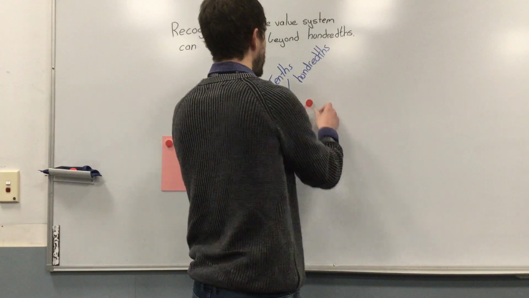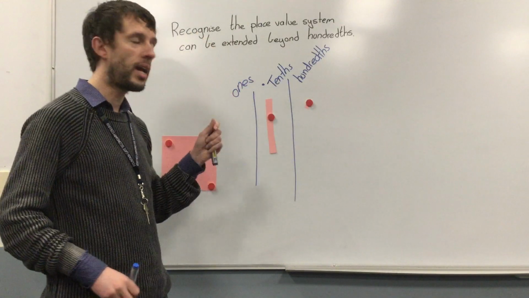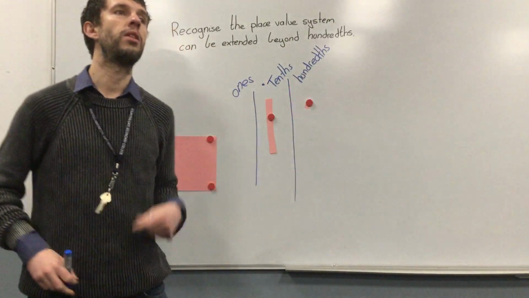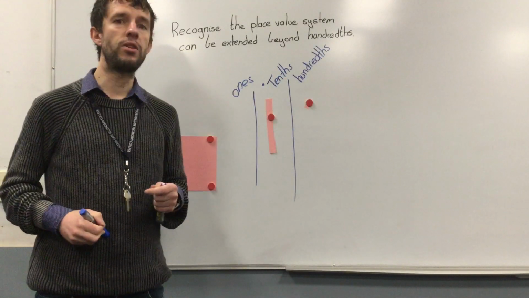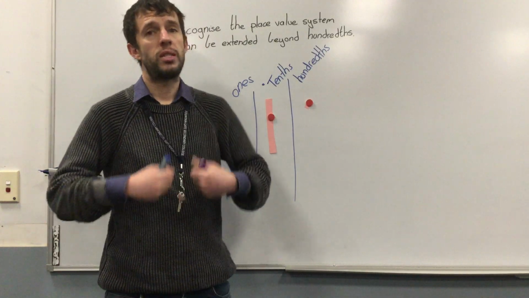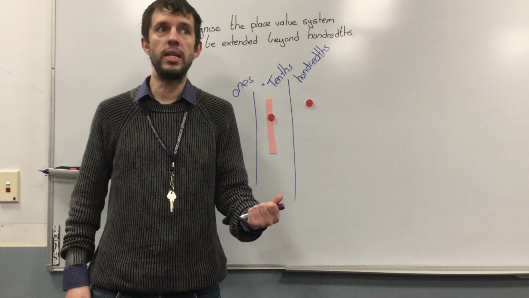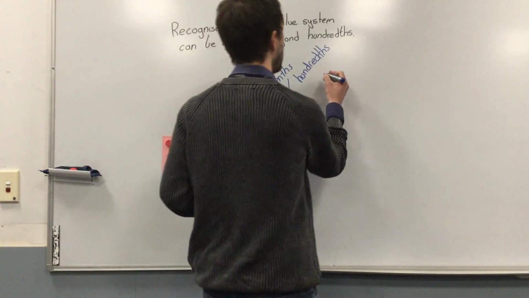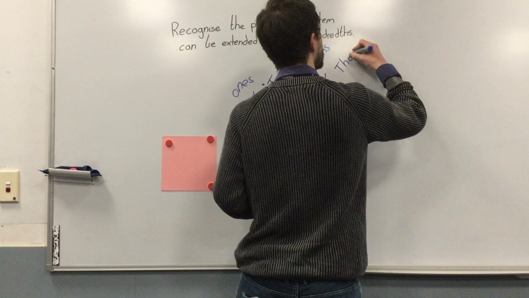Now our place value just keeps on going. It doesn't matter how small it gets, the more we go to the right, the smaller our place value gets. So with each of my hundredths, if I can't share them, I will then be cutting them into 10 more pieces. Think about 10 times 100 is 1,000. So my place value becomes thousandths.